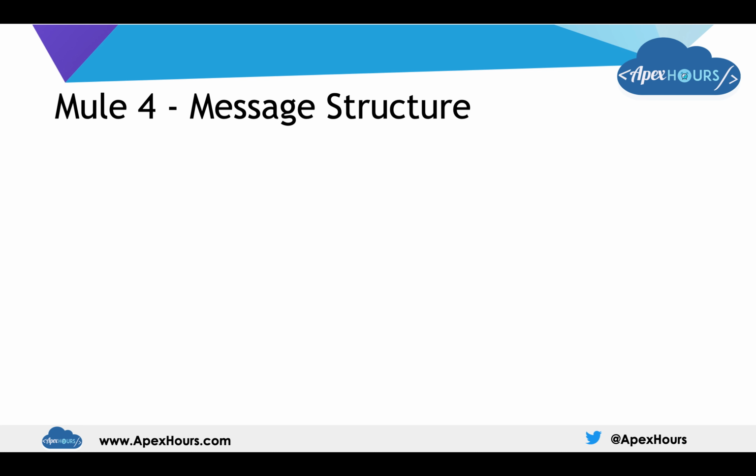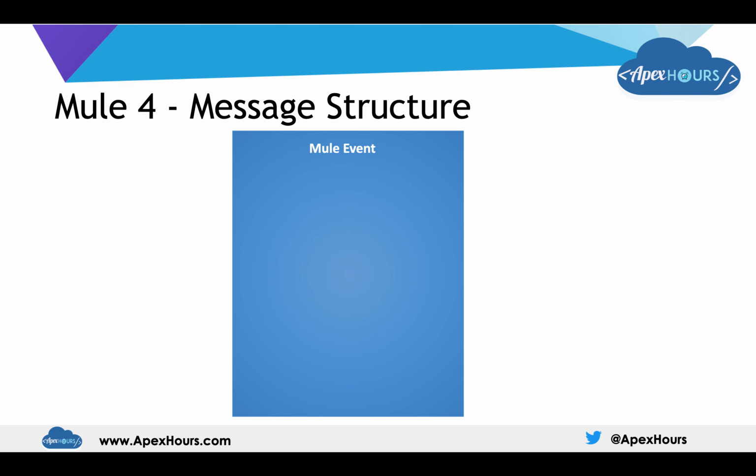So without wasting time, what is the Mule 4 message structure? When we start with MuleSoft development, it is very important to know this. We have something called a Mule event. Whatever runs inside a Mule application from connector to connector is called a Mule event.